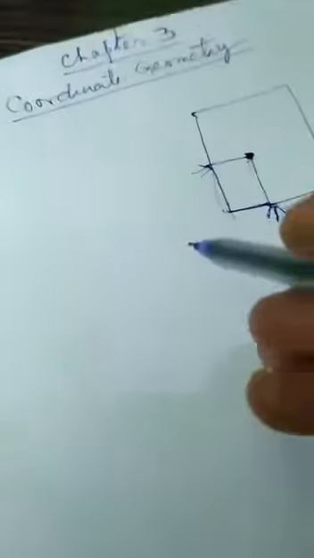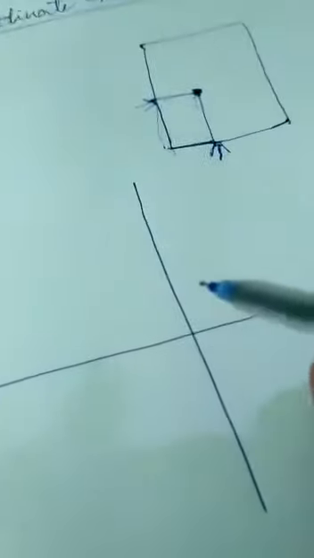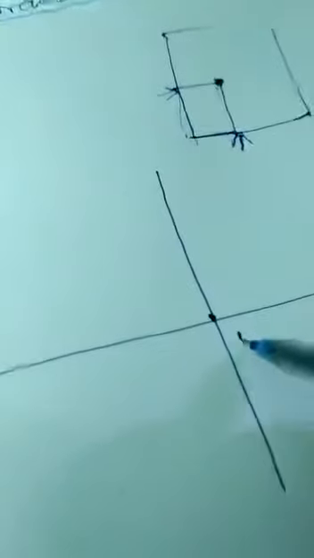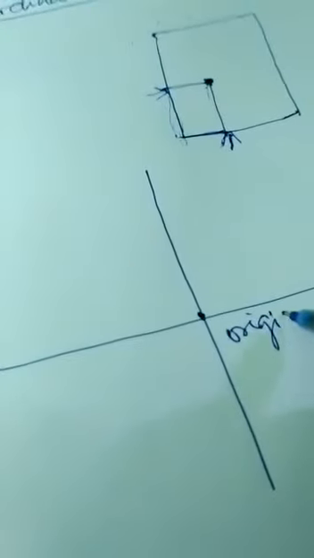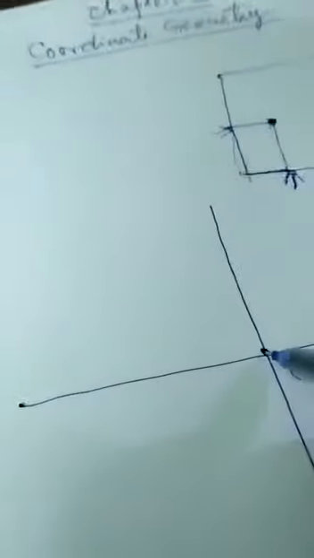So in coordinate geometry, there should be two perpendicular lines. Draw two perpendicular lines. These perpendicular lines cut each other at a point.